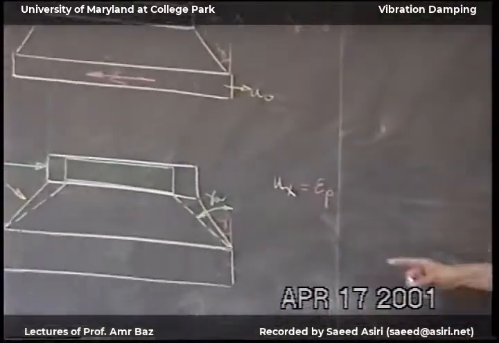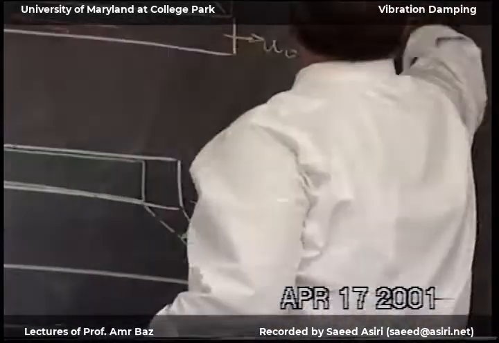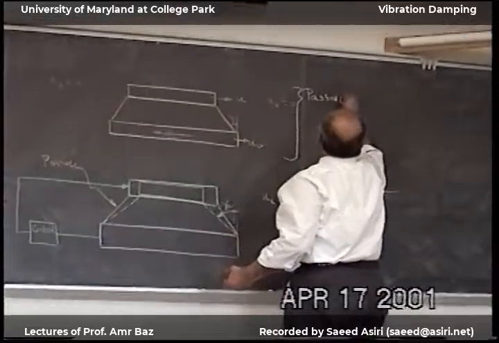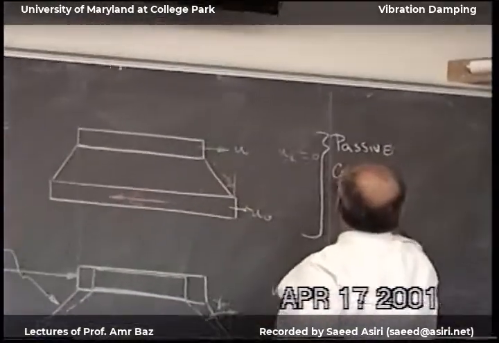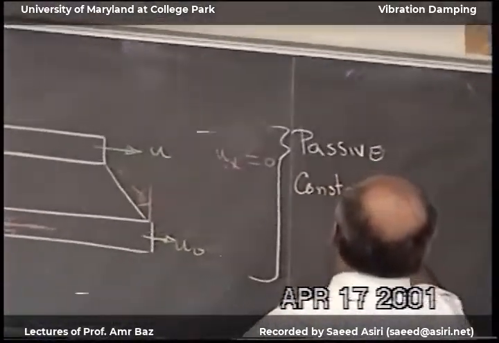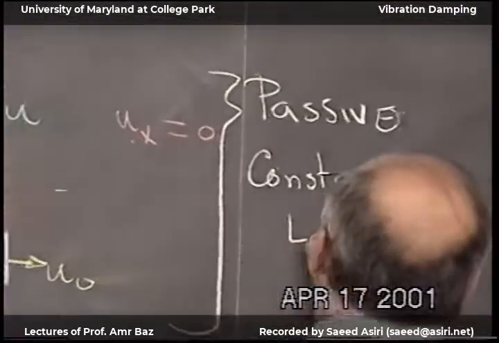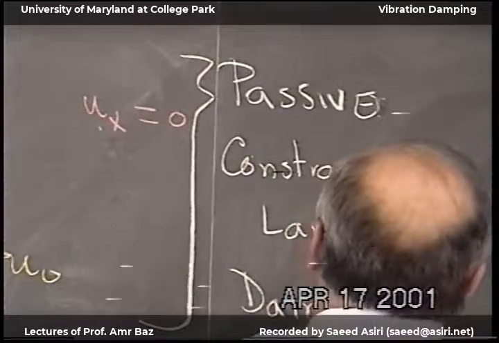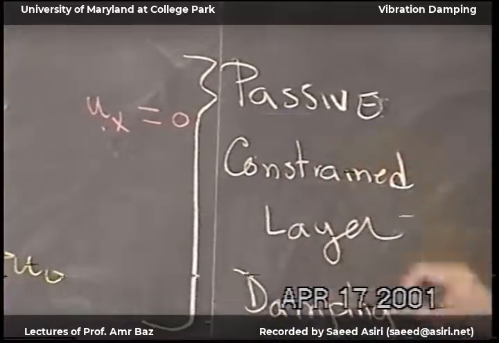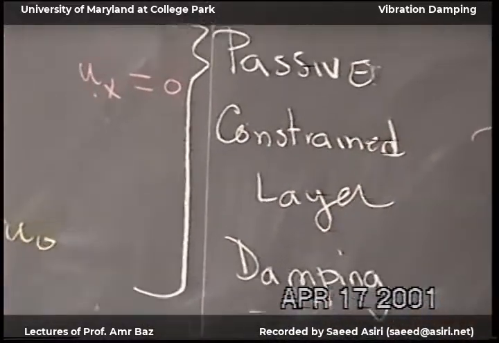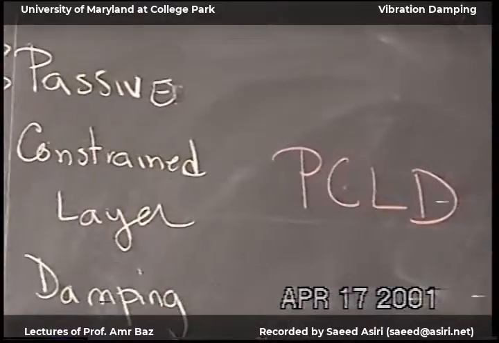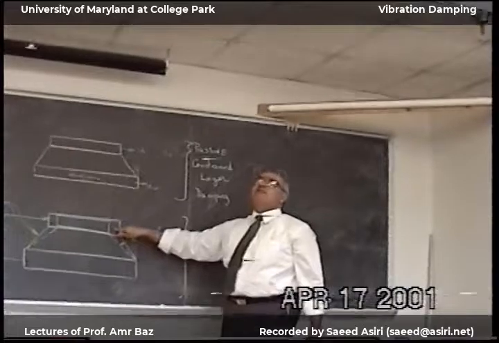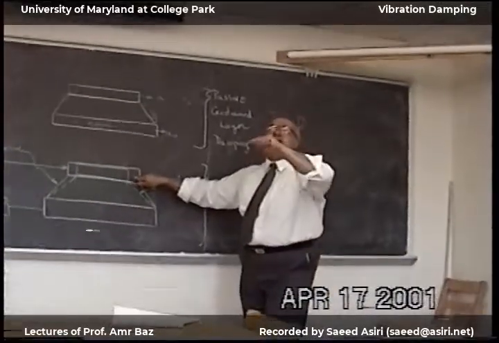Now, for this case, this is passive constrained layer damping, or the acronym PCLD. Here is exactly the same. Instead of passive constrained layer, I put active component.